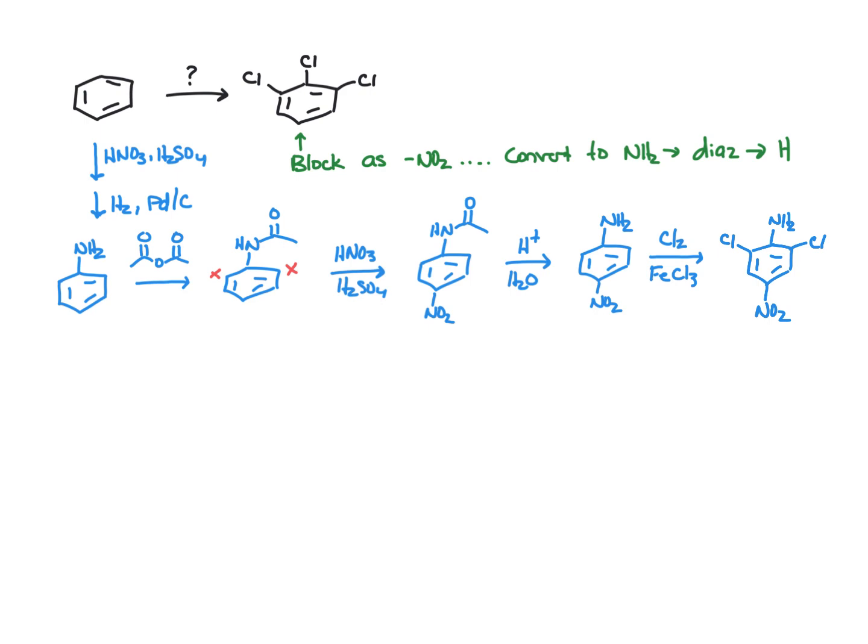Okay, so now let's take care of this NH2 on top before we deal with the nitro at the bottom. That NH2 on top, we'll convert it to a diazonium ion.